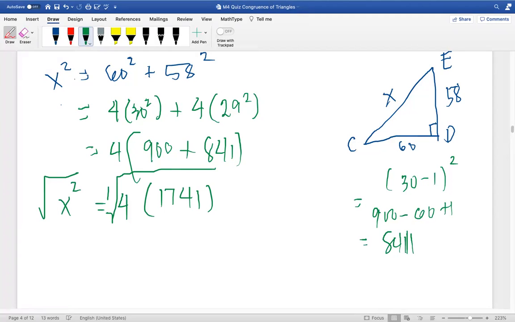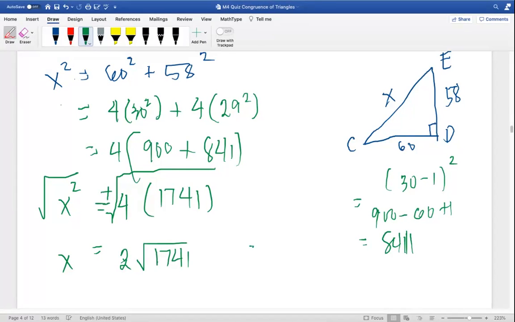Since we took the square root on both sides, there must be a positive and negative value. However, since we're talking about side length, we only consider the positive value. So we have 2 times the square root of 1,741. The square root of 1,741 is approximately between 41 and 42.